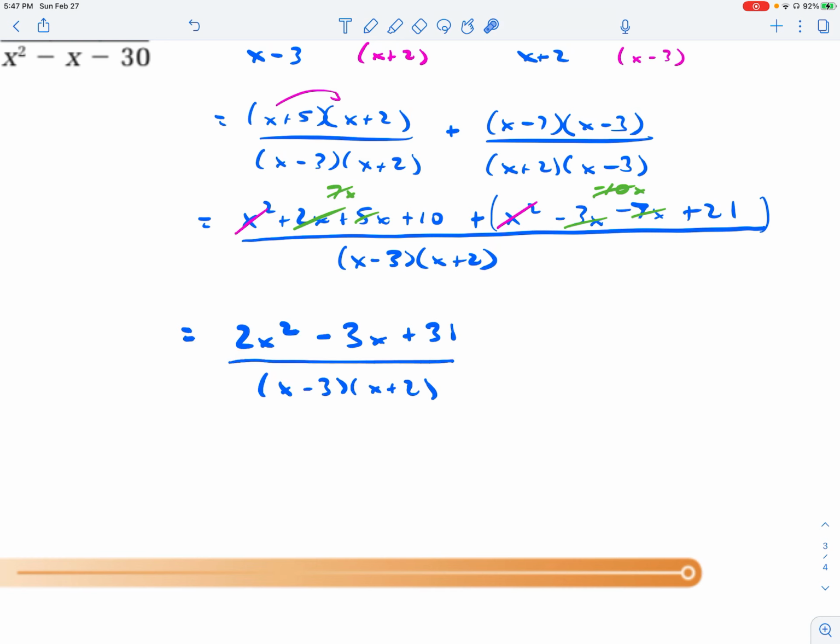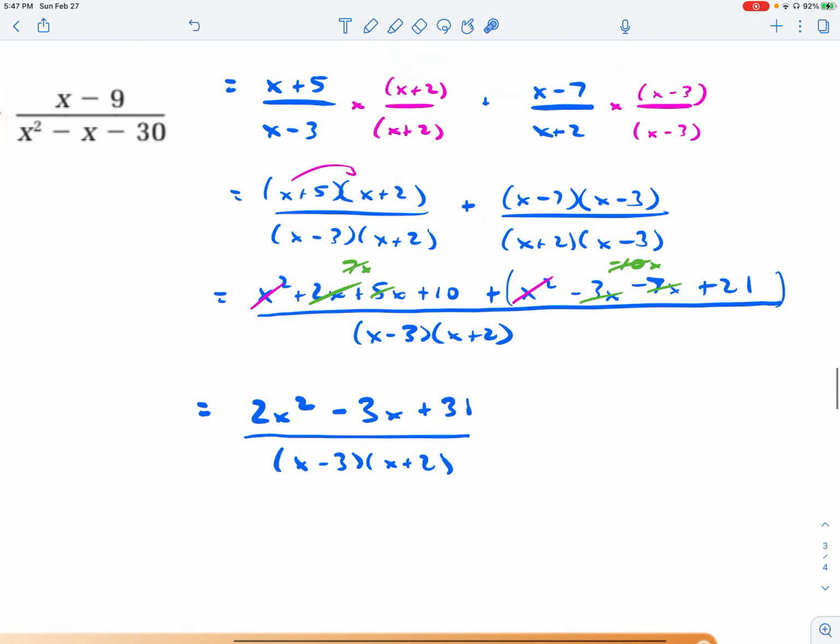You could try to do decomposition where you multiply those two and get 62, but you're going to notice there's no product for 62 that adds up to negative 3. It does not exist, so we just have to stop here with this one. And don't worry that this is factored and this part isn't.